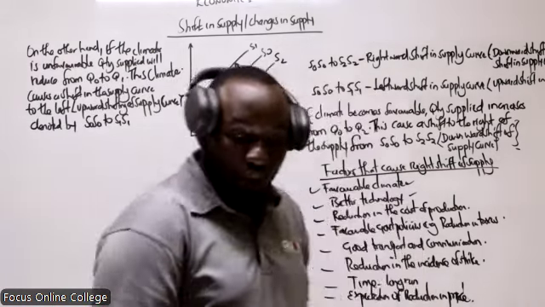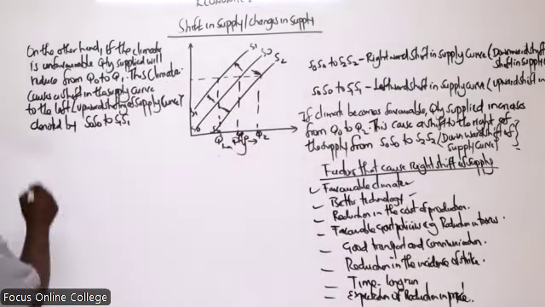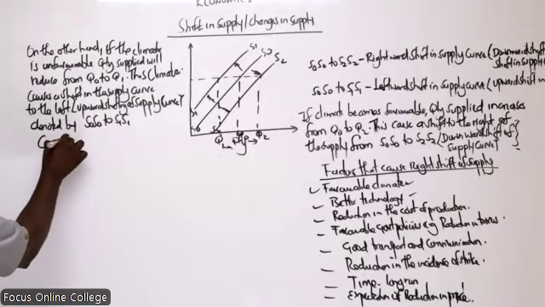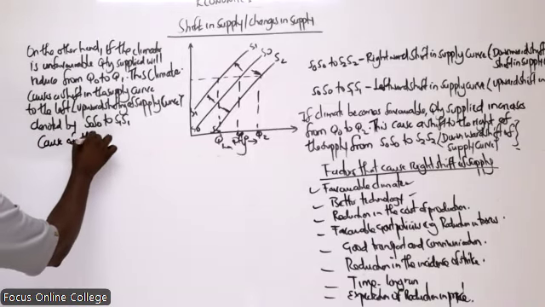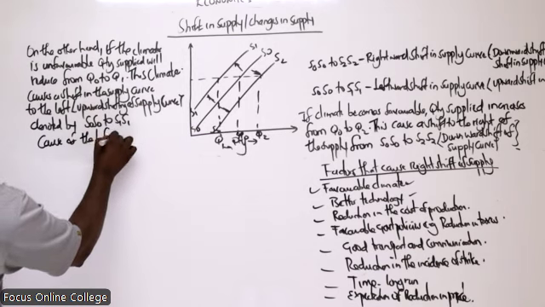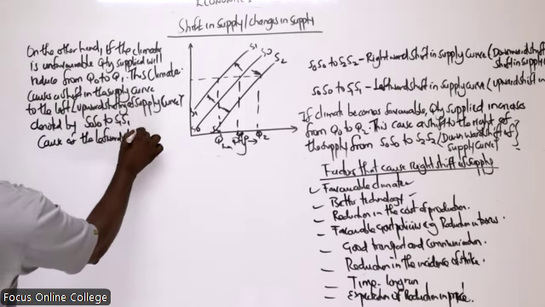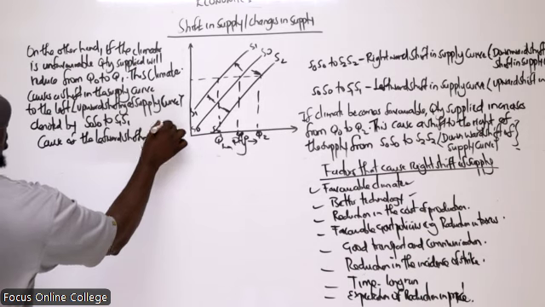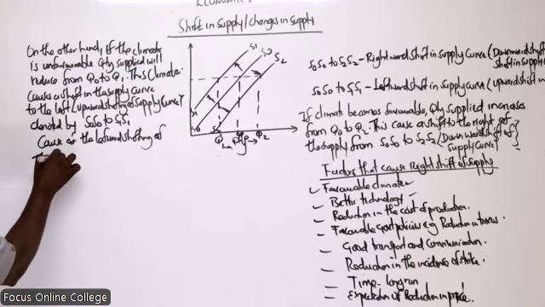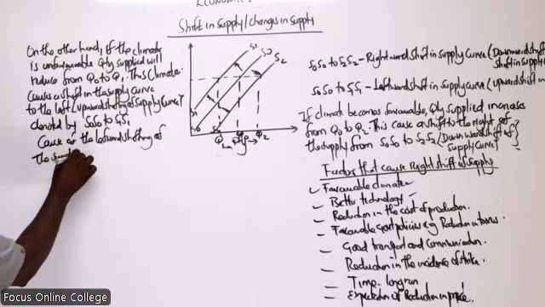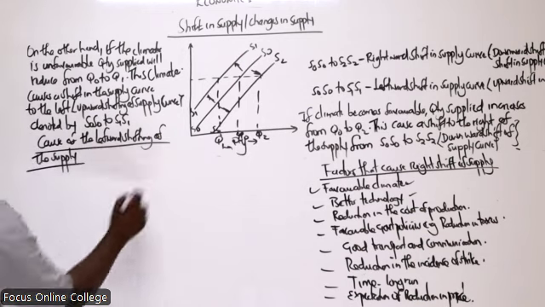So I want to talk about the causes of the leftward shifting of the supply curve. Factors that cause the leftward shifting.